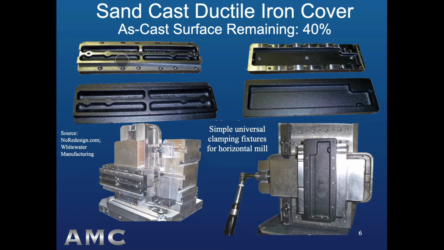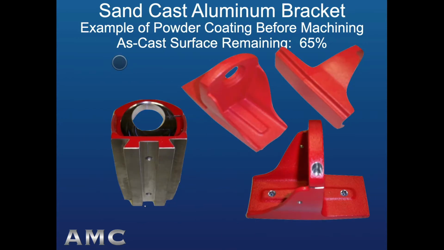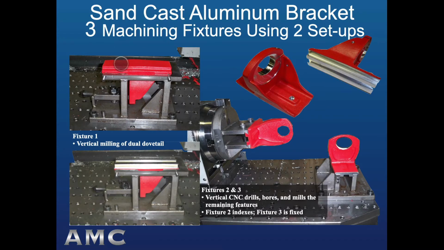Next is a sand casting aluminum casting with specially designed fixtures with only 2 setups to machine the castings set up on the 3 fixtures. Like the ductile iron casting, it was coated before machining. Despite more complex machining orientations, the remaining as cast surfaces are much greater, about 65%.